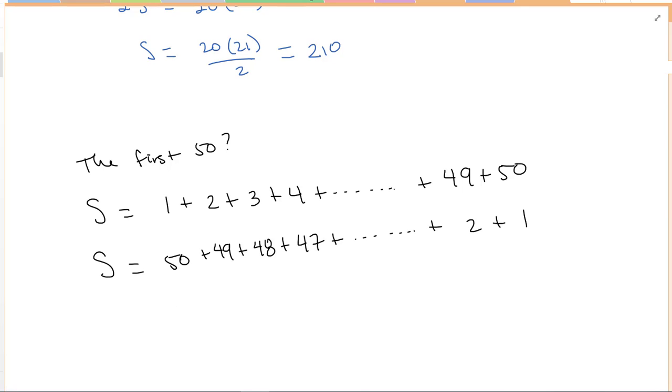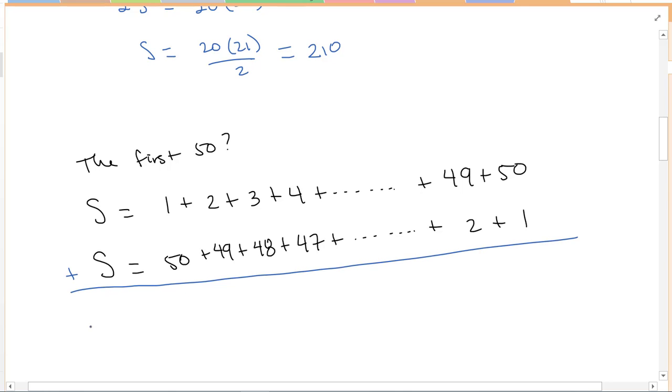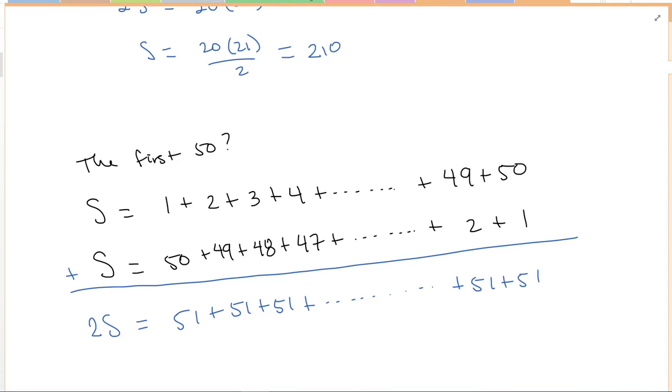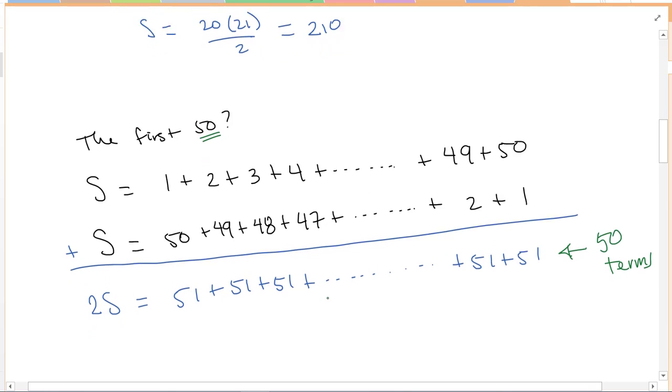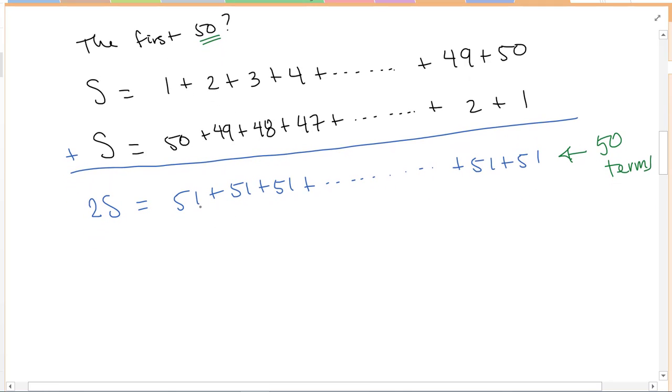Doing the same thing, I get 2S is equal to 51 plus 51 plus 51 and so on. How many terms are here? There are still 50 terms. I'm adding 51 50 times, so that becomes a multiplication problem.